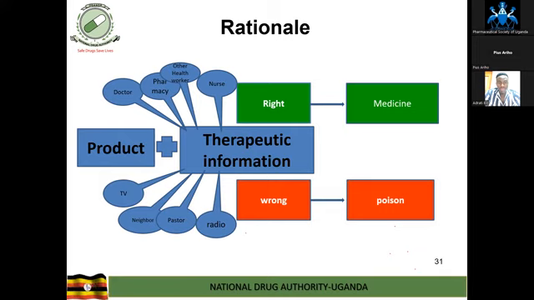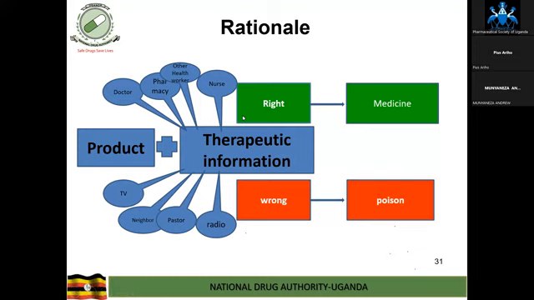Now, what happens here is the information being provided has two different audiences. We have the public and we have the healthcare profession. So for the public, there's information that can be given to the public and would be received and understood by the public as it should be.